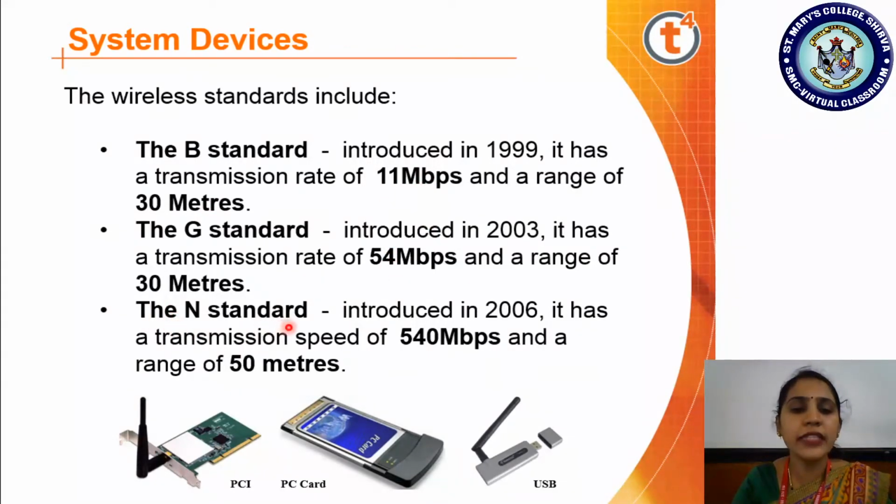And you have the N standard, with a transmission speed of up to 540 Mbps and a range of 50 meters. So this is the distance it would cover. These are some wireless standards for getting connected to the network. So this is the PCI card, PC card and USB.